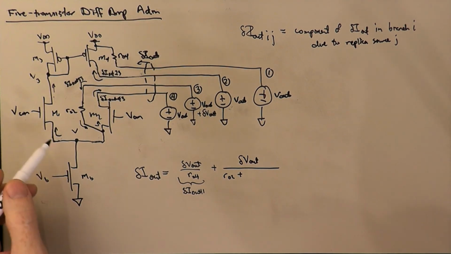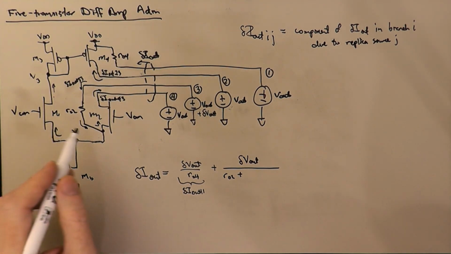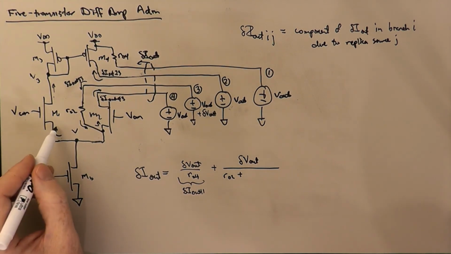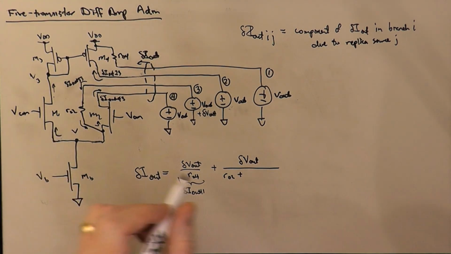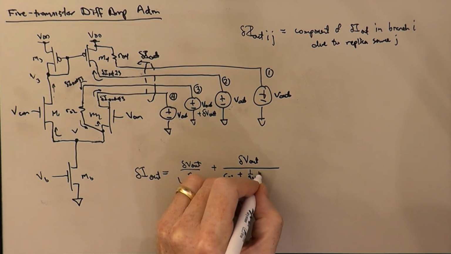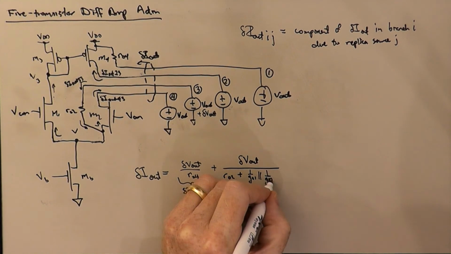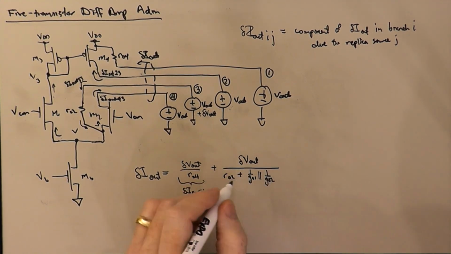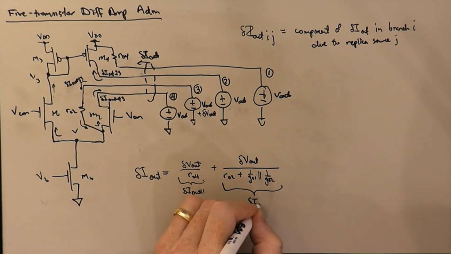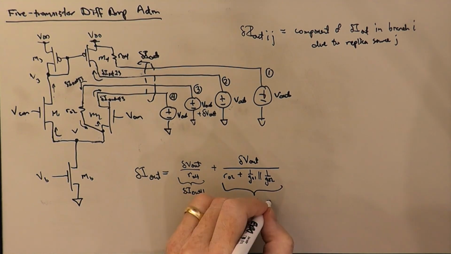Okay, so the incremental resistance that we see down here is going to be 1 over GS2 in parallel with 1 over GS1. And so that is delta I out 3,3.